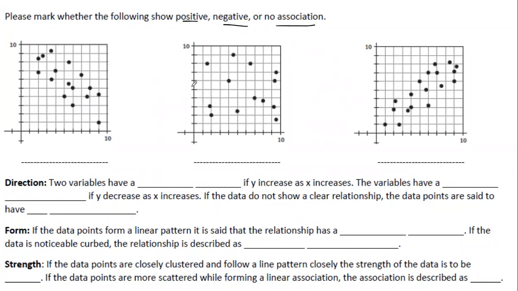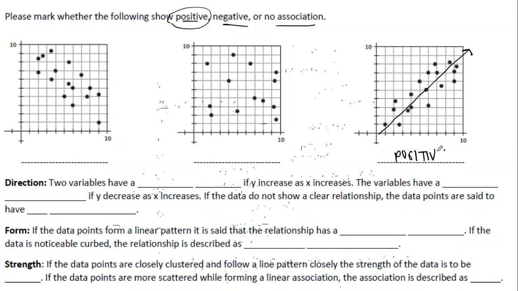Which one of these graphs would you say would have a positive relationship or a positive trend? The last one, absolutely. This is going up. The data looks like it's going up from left to right. So this would have a positive trend, a positive association.